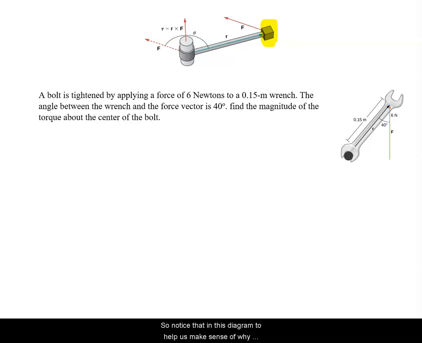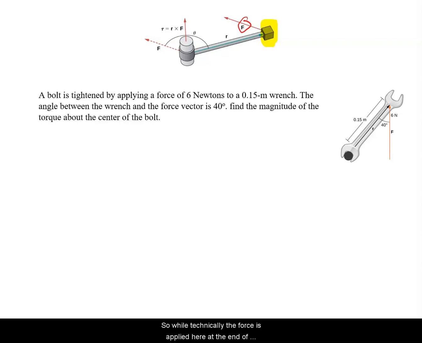So notice that in this diagram, to help us make sense of why the cross product is useful here, we've moved this force vector here, and we've put it at the location of the center of rotation, so the bolt.